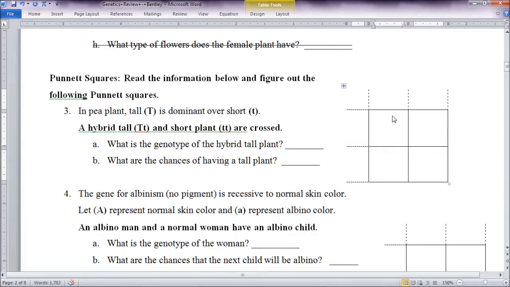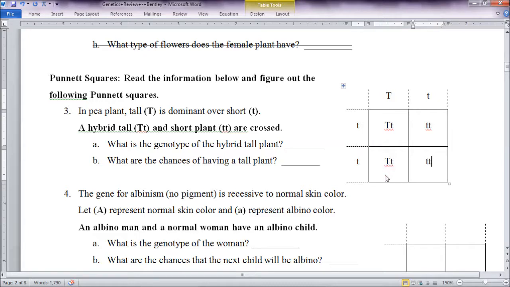Okay, so then in order to solve our crosses, you arrange one parent on one side of the Punnett square, the other parent on the other. You cross them. I always put the capital on the left side when I cross them. And there we are. Whatever is in the same column is brought downwards.